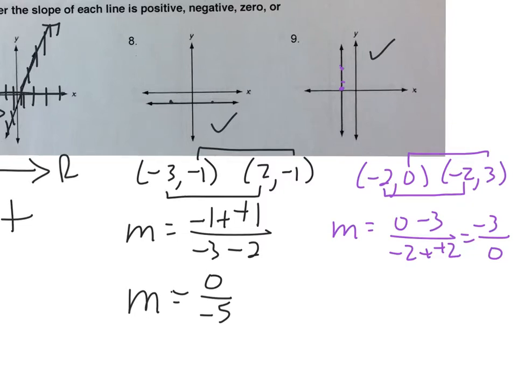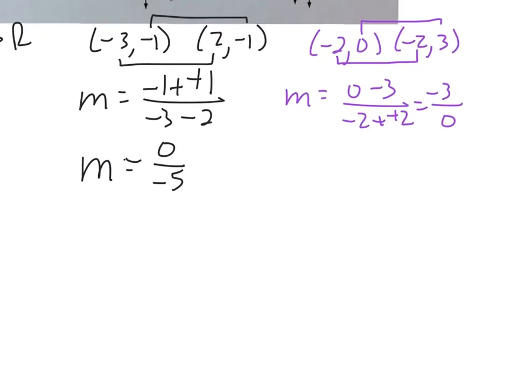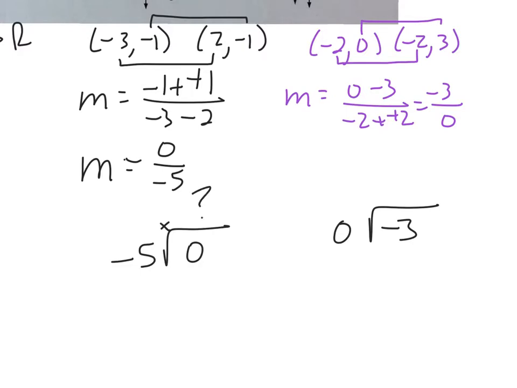So let's take a look at this. I'm going to move these up for a second. Now watch. I'm going to do -5 divided into 0, and then here, I'm going to put 0 divided into -3. Well, think about this. Is there anything that I can multiply -5 by to get 0? Well, yeah, the answer is 0. So 0 times -5 is 0. So this is a slope of 0.